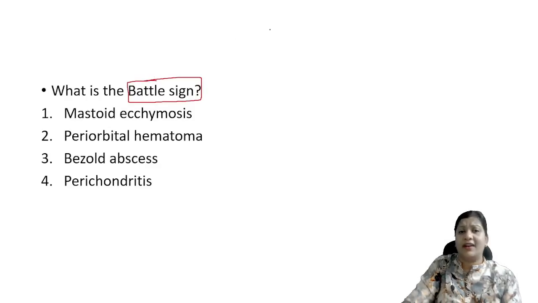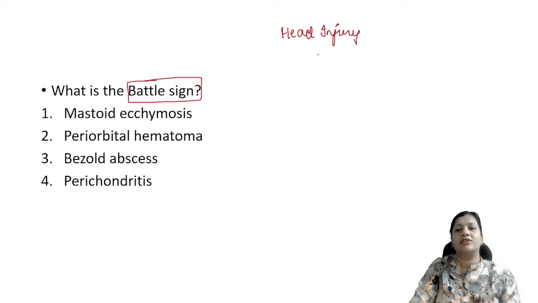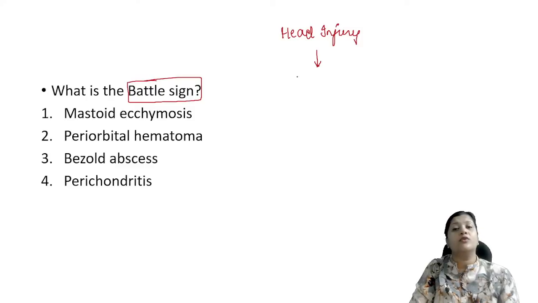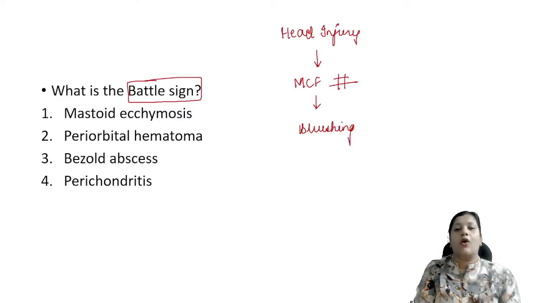So we know that whenever there is a head injury or an RTA, road traffic accident with a head injury, it is usually associated with middle cranial fossa fractures. And when there is a middle cranial fossa fracture, you will see bluish discoloration of the mastoid.